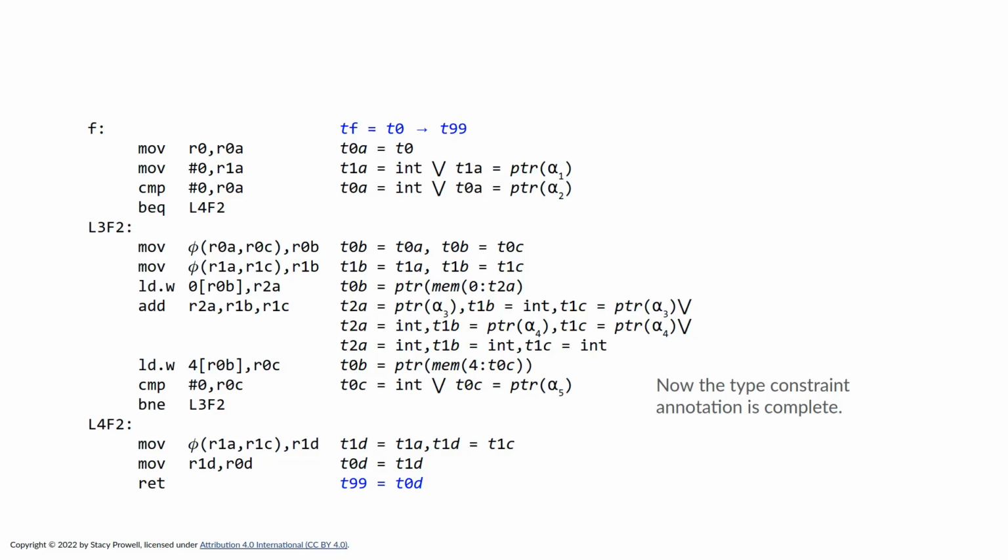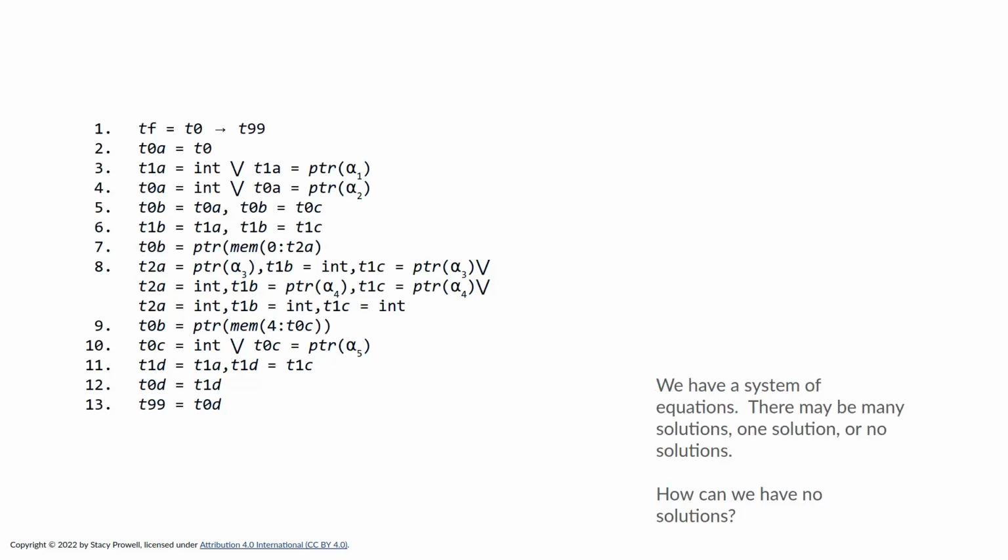And it should have seemed reasonably not crazy how that's done. So here we have a system of 13 type equations. And there could be one solution to this. That's possible. There could be many solutions to this, right?